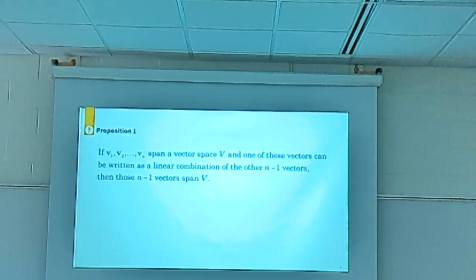Then you can just remove that vector from the set and you still have a spanning set. Well, that would mean in that case that it is not a minimal set, is it? If you can remove it, it's redundant, you don't need it, so it's not minimal.